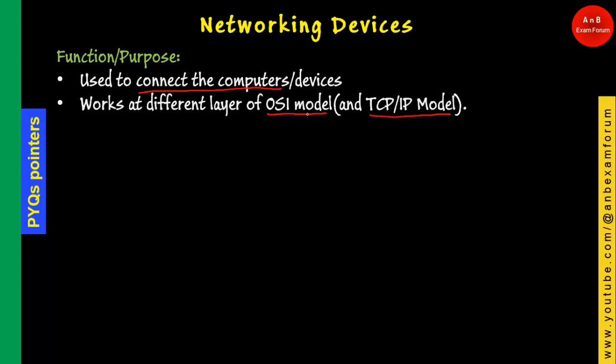We have already made a chapter on these models, so you can go through them: what the names of the 7 layers are and what the function of each layer is. For the exam, just remember that networking devices work at different layers of the OSI model. You will get one question from layers also.